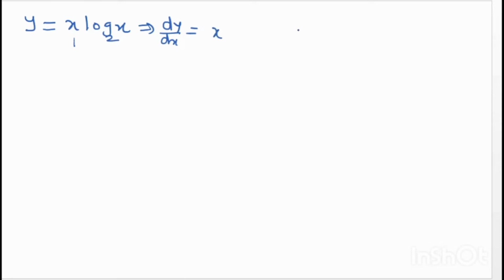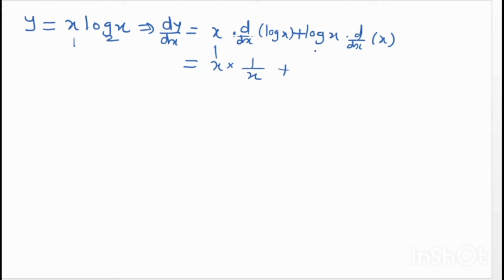First go first, second go second, take the plus sign between them and take the derivative of the remaining. Here the remaining term is log of x, and the remaining term is x, so write down x as it is, then the derivative of log x, that is 1 upon x, plus log of x as it is, derivative of x, that is 1. Our observation: x gets cancelled and we get the final answer, that is 1 plus log of x.